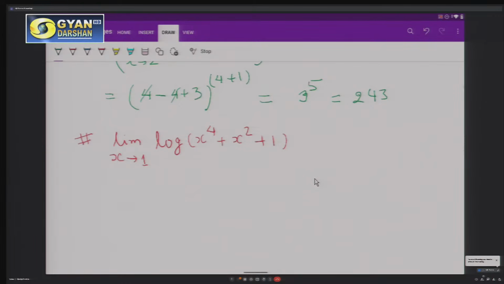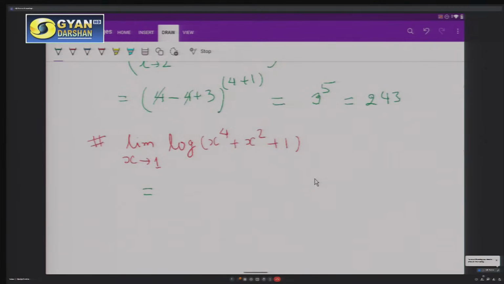So as we have seen earlier, its limit will be to first take the limit of the function and then its log. So we will put 1 in place of x, so it will be log of (1 plus 1 plus 1), which will be equal to log 3.